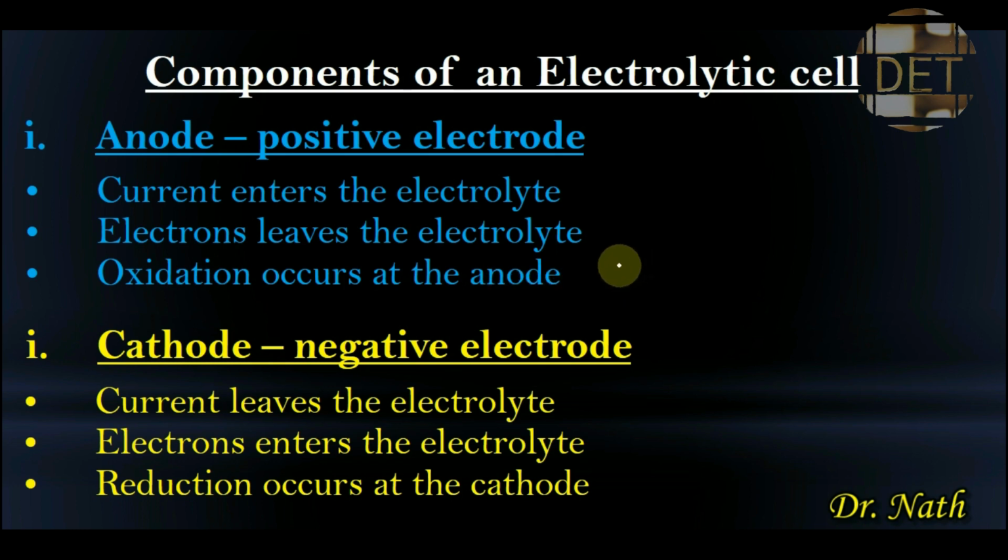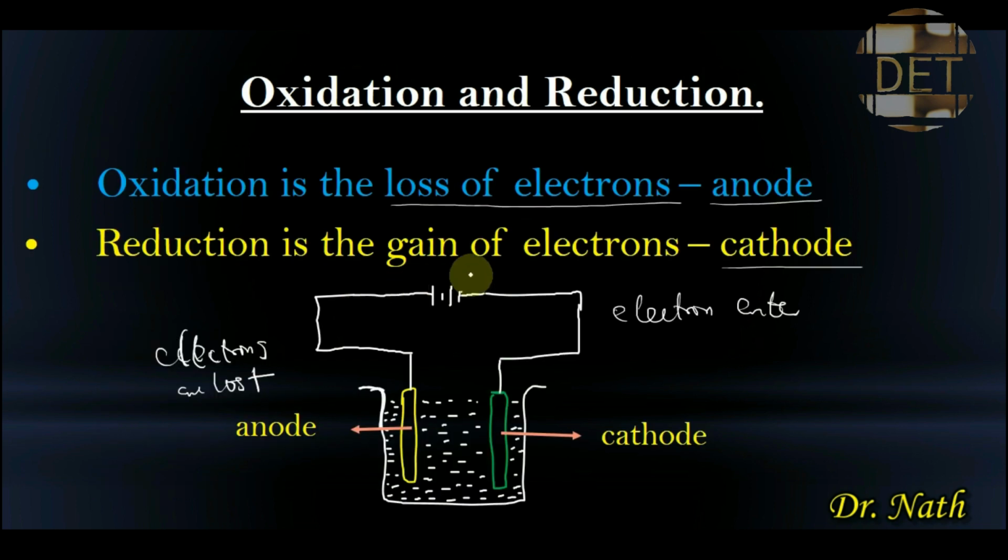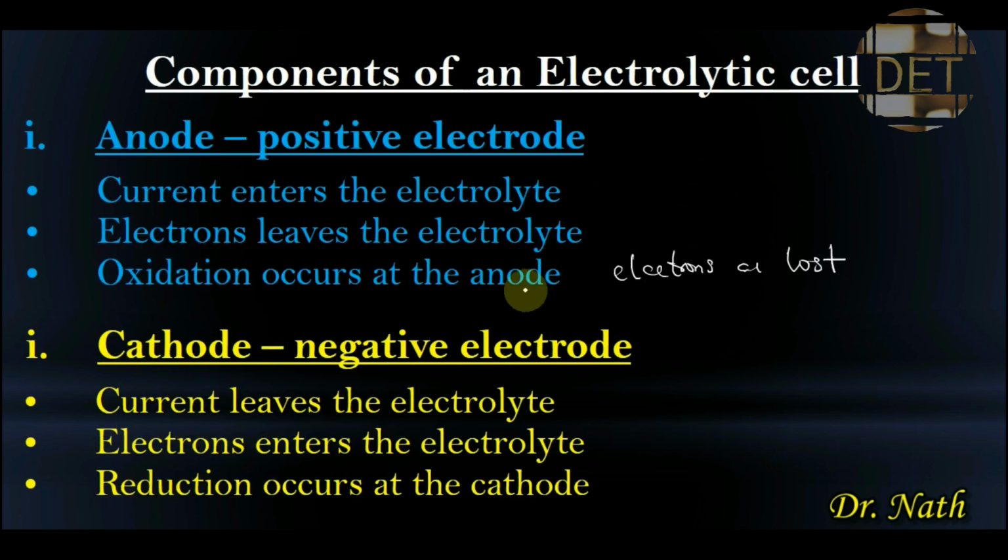Oxidation occurs at the anode because it is through the anode that electrons are lost from the electrolyte. Oxidation, like I said, is the loss of electrons, and it occurs at the anode.